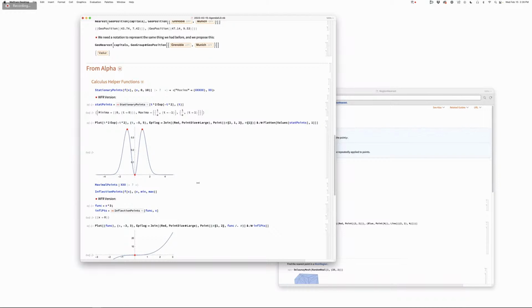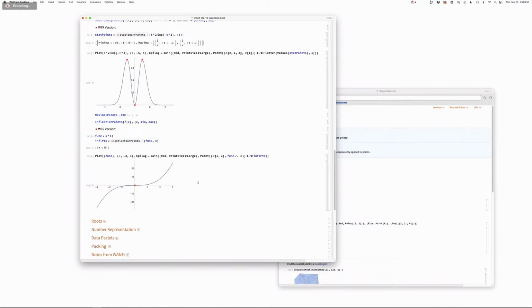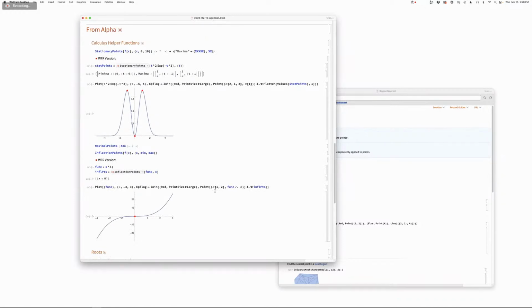See you. Bye. These are the last handful of things from some of the older design documents, specifically functions and features that we either have in Alpha or have been using and exposing as part of Wolfram Alpha Notebook Edition, which are not in the language.